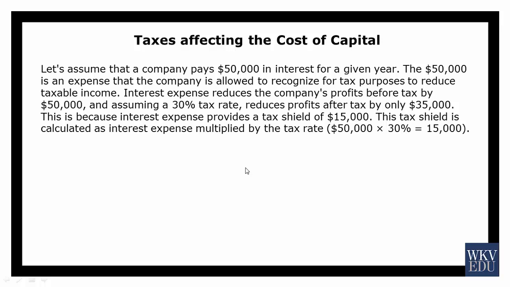Because of that tax shield, it is as if I never repaid $50,000. I actually repaid $35,000 only, and therefore my cost would be considered as $35,000 and not $50,000, and therefore it does affect the cost of capital.